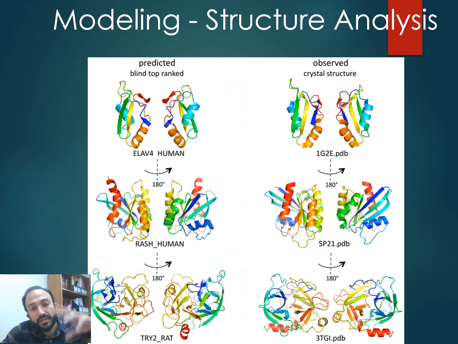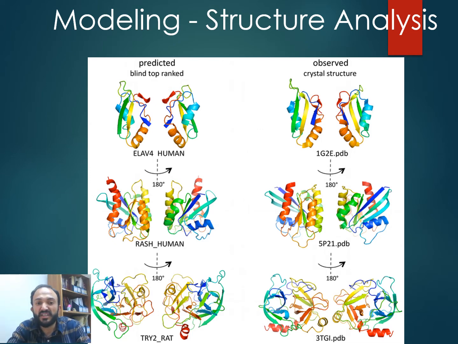We will go into the detail and explain how different software and tools perform these analyses. But for now you should know that when we have the known and we want to understand the unknown, we model that unknown sequence with the known sequence and try to predict based on the known information. That is called modeling: modeling one structure with another and predicting the structure of an unknown sequence.